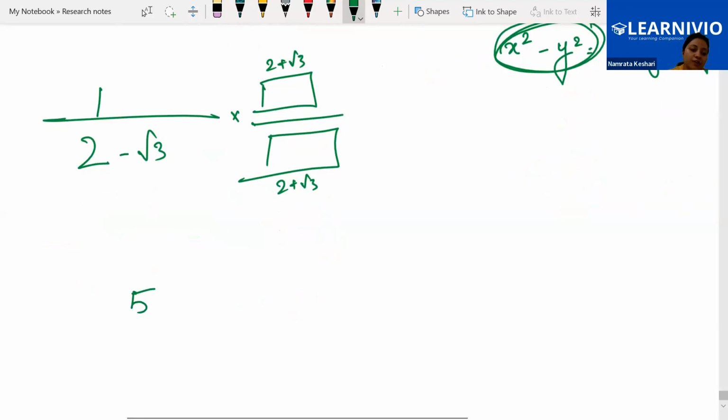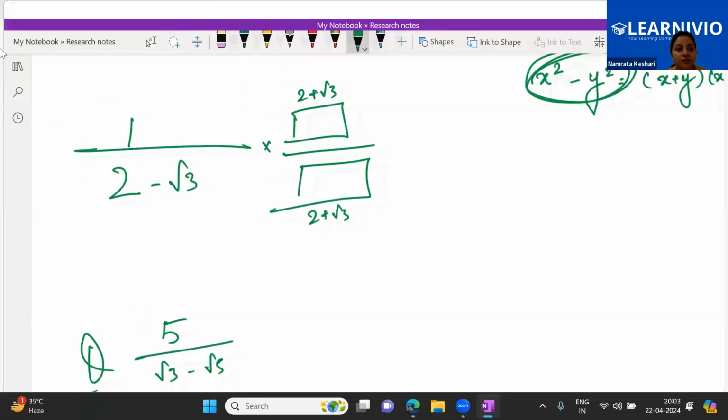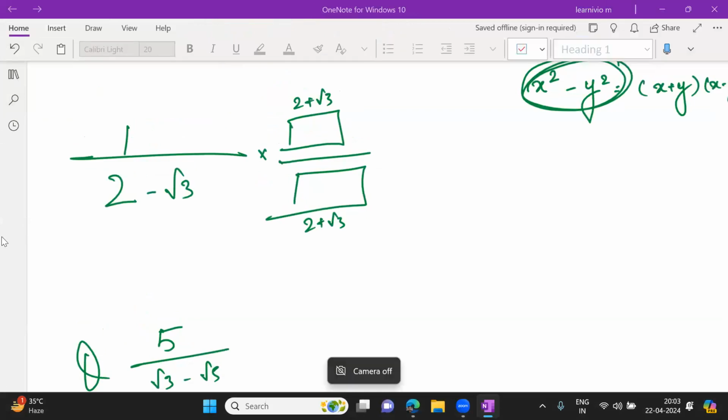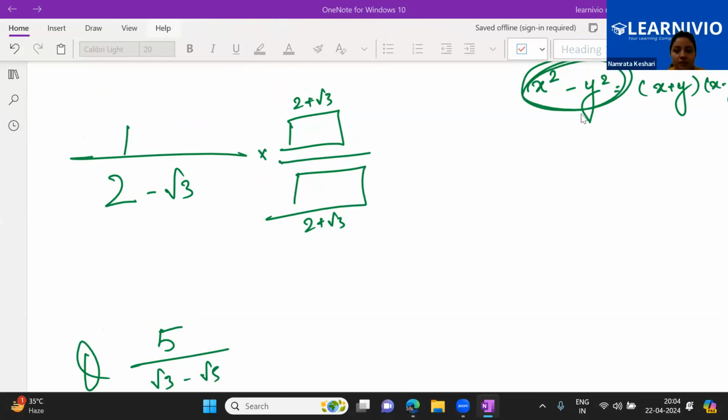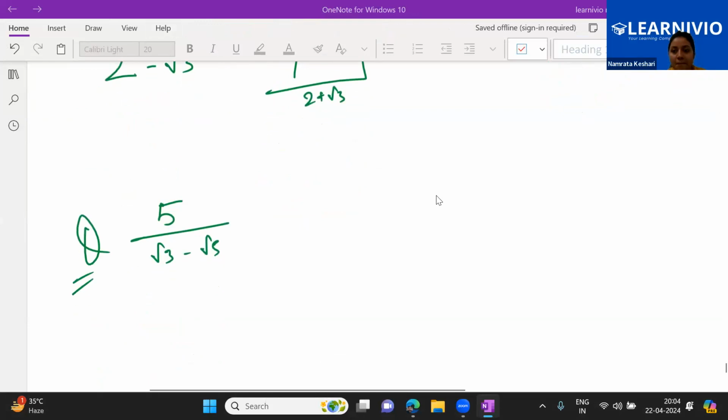Please rationalize this one. 5 by root 3 minus root 5. Please rationalize it and let me know what you are getting, Samya and Saad. Okay, ma'am. Please do it.